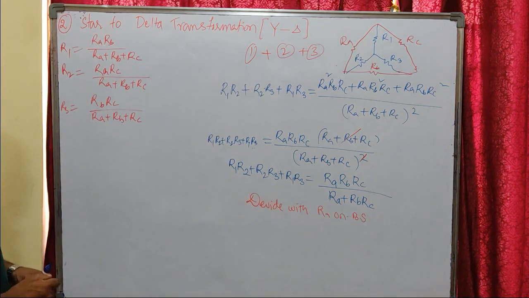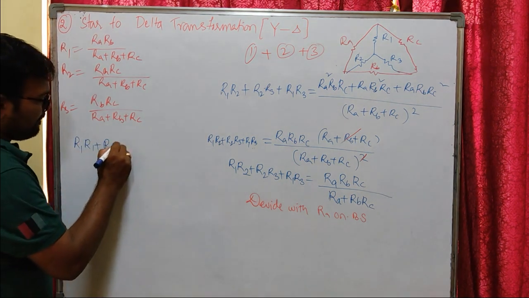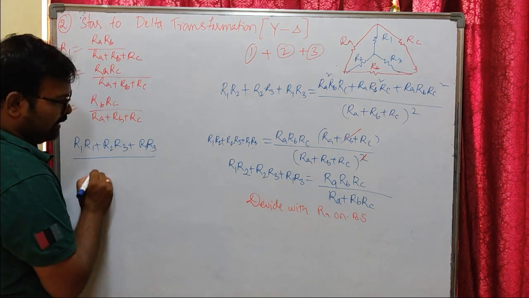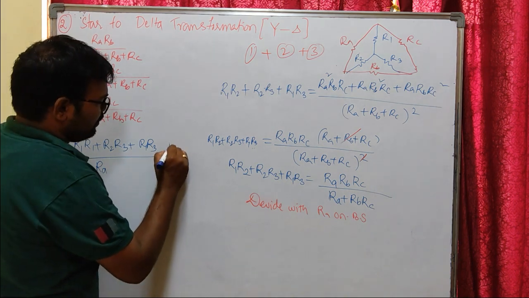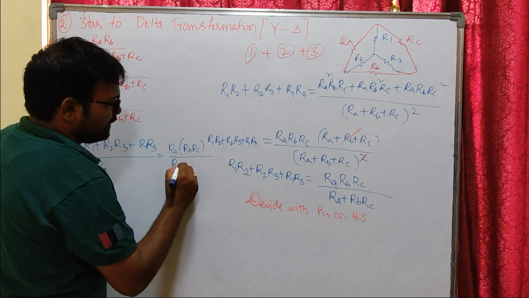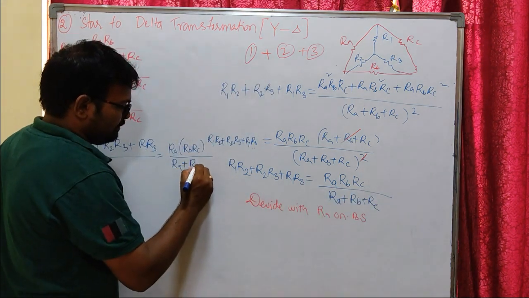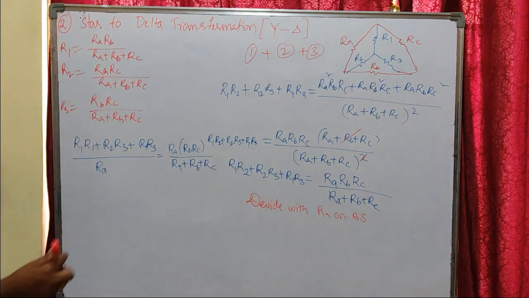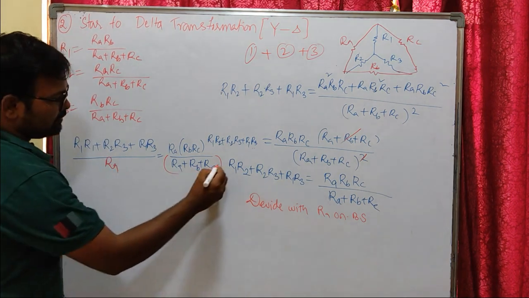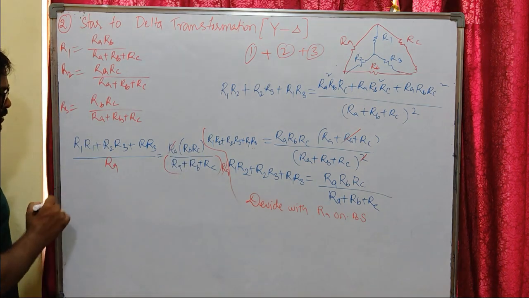So I am going to divide R1 R2 plus R2 R3 plus R1 R3 by RA, equal to RA, I am taking common, RA RB by RA into RB RC by RA plus RB plus RC. Here I am dividing with RA on both sides. So this is RA, this is also RA, so this RA will get cancelled.